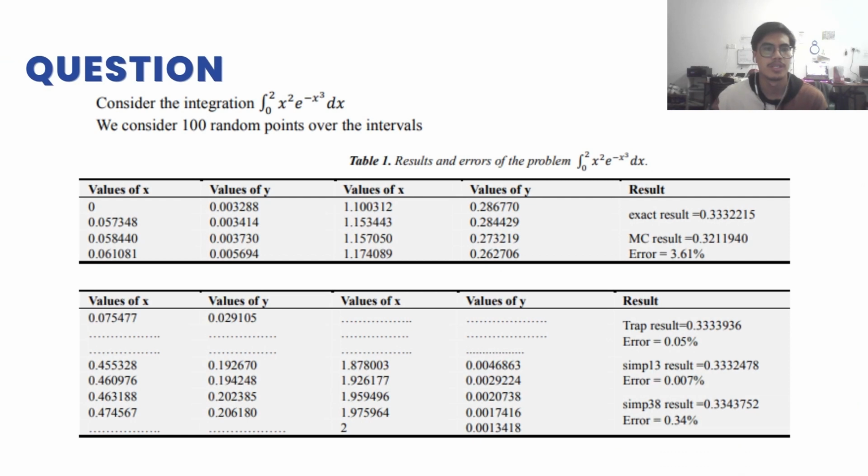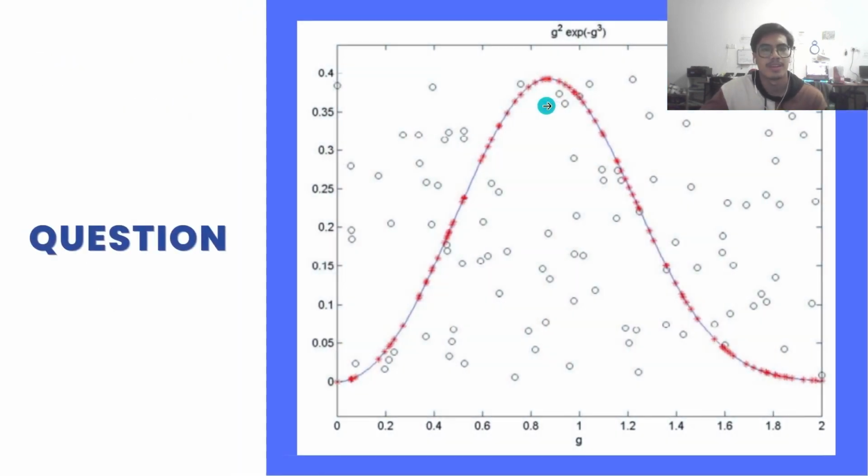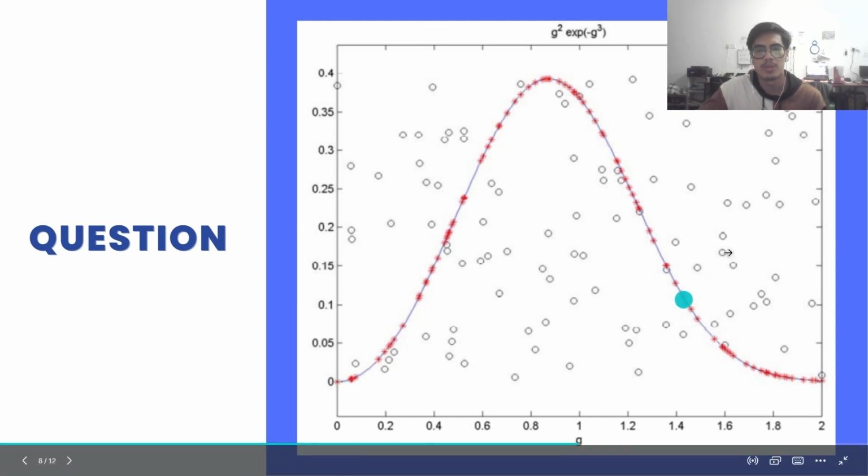This is our question, which we got from the general internet. So we will use this equation, and we use 10 intervals. We will use this graph as the reference for our project.